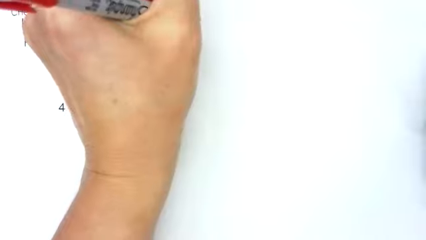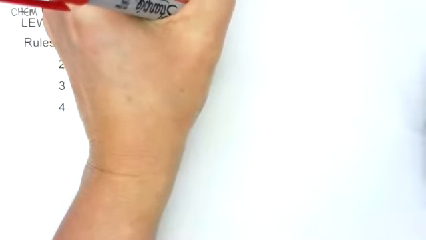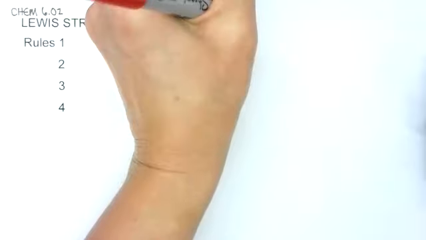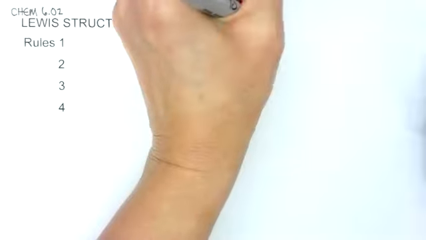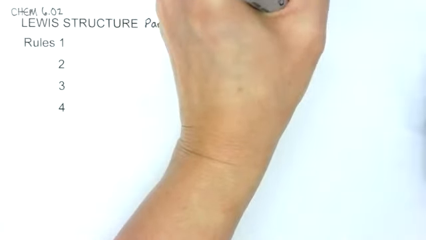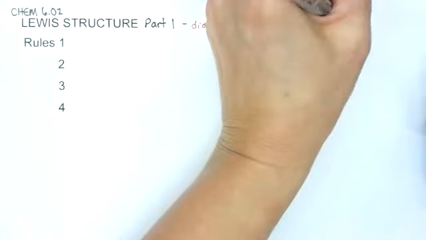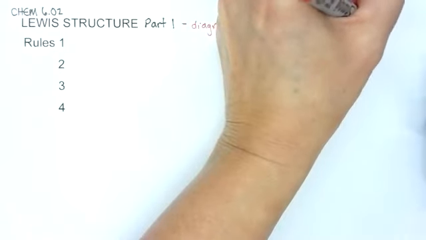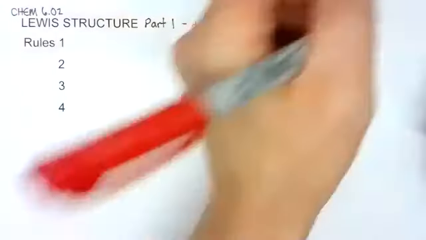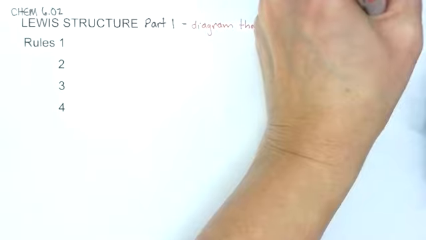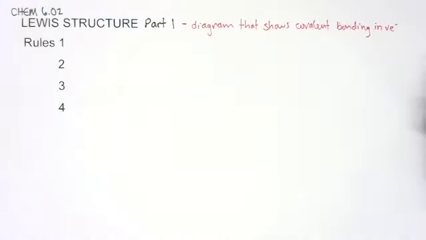And the definition of a Lewis structure is a diagram that shows covalent bonding in the simplest form. And if we're going to be more specific, we could say covalent bonding in the valence electrons, because it's always the valence electrons that do the bonding.